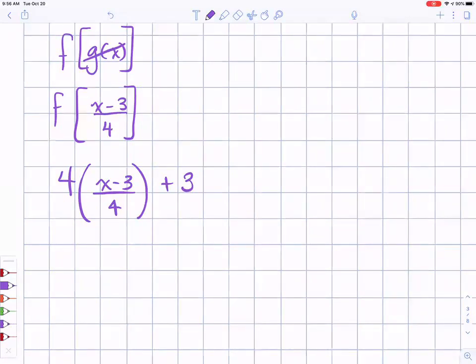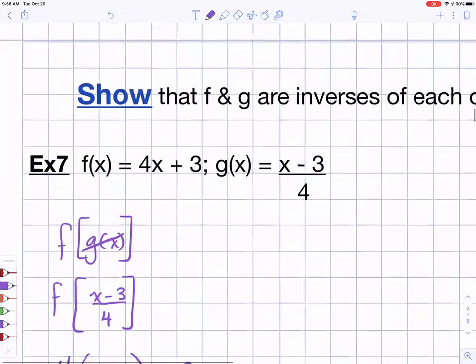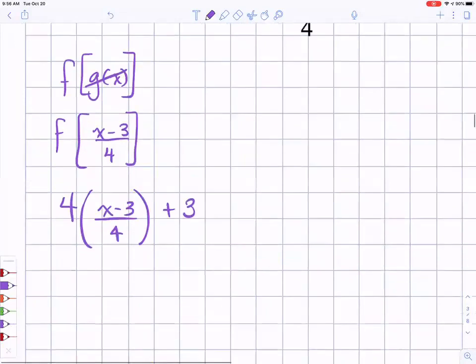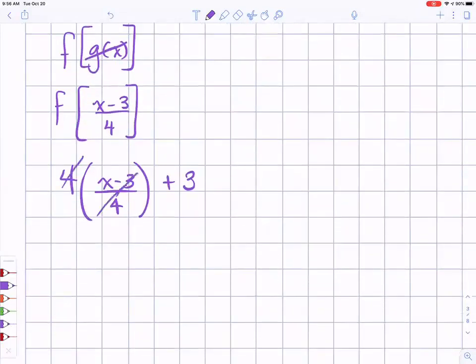Now, here's the thing. Did you notice that the directions said to show? If you just go and cancel all of those, I won't be able to see whether or not you canceled in the proper order, okay? So when it says to show, you have to follow the order of operations by showing.